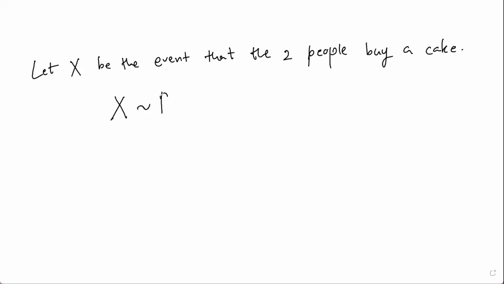X is Bernoulli distributed with the fair coin, 50% chance cake, 50% chance bread. So they come 50%, so whatever it is, it's 0.5.